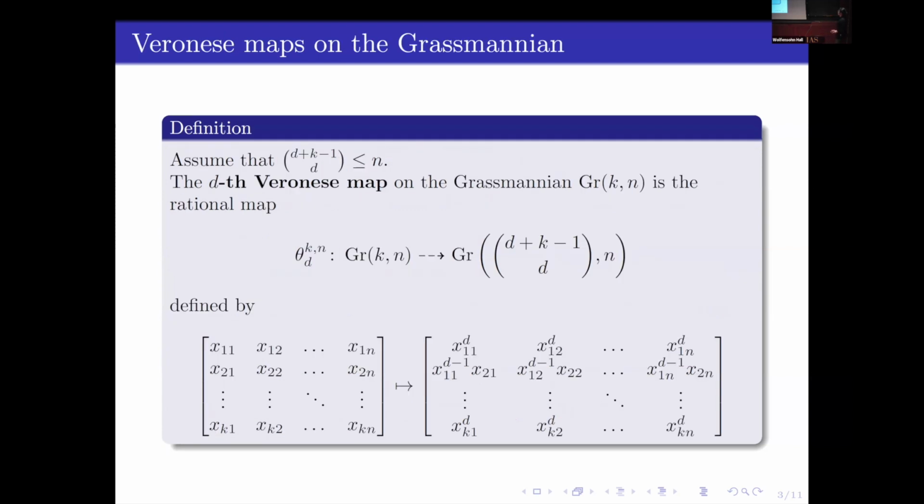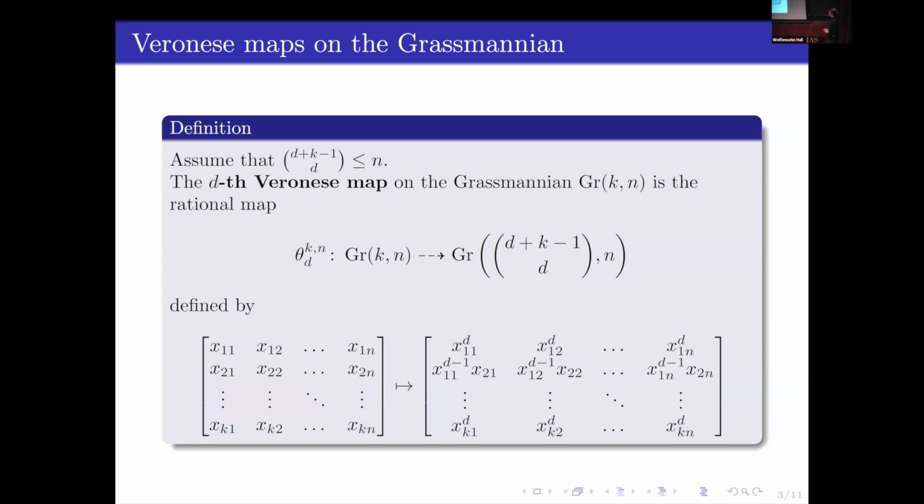Next, let me define the Veronese maps on the Grassmannian. We take n to be some large enough number, and we define the dth Veronese map on Grassmannians by starting with the Grassmannian of k-planes in n-space and mapping it to a Grassmannian of larger dimensional planes, still in n-space. What this map does on matrices is that I take each column and then I exhaust all the degree d monomials in the column entries.